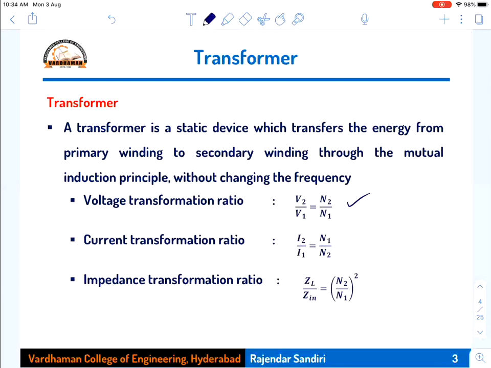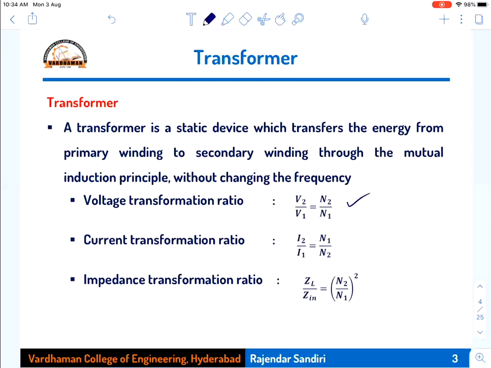Okay, so V2 by V1 is equal to N2 by N1 is the voltage transformation ratio. Then current transformation ratio is I2 by I1 is equal to N1 by N2. So current is inversely related to the turns. So I2 by I1 is equal to N1 by N2.